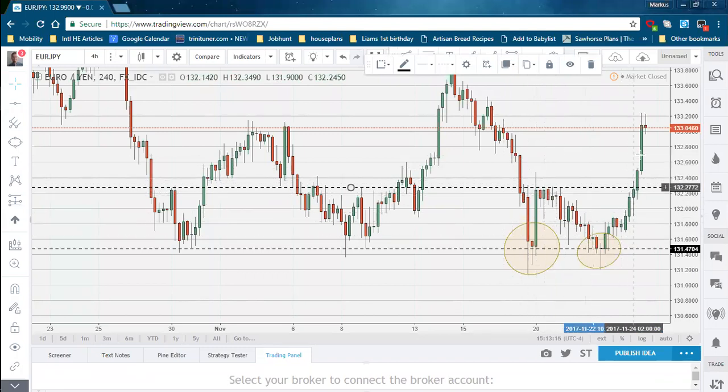So the previous high is broken. We wait for the market to return to this level, and when we see that it will test and then go bullish, that's when we would enter our trade as a trend continuation trader. That's a rather conservative approach.